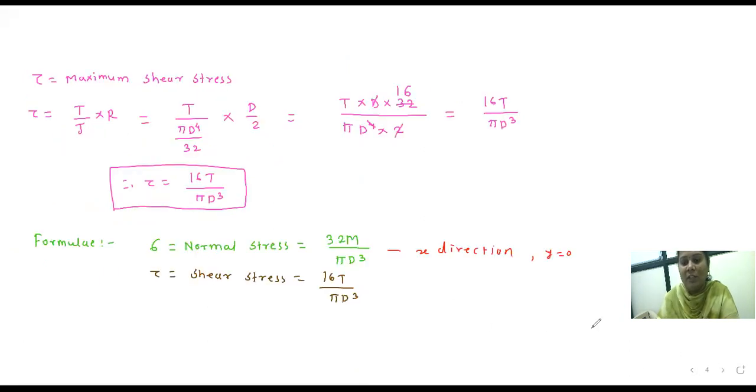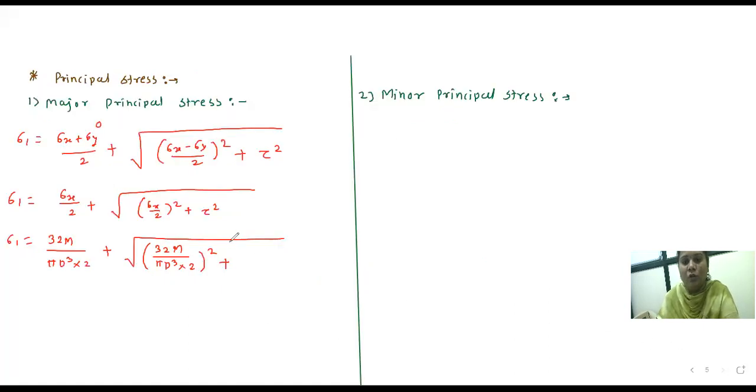The value of shear stress is 16t divided by pi d cube. So here 16t divided by pi d cube bracket square.